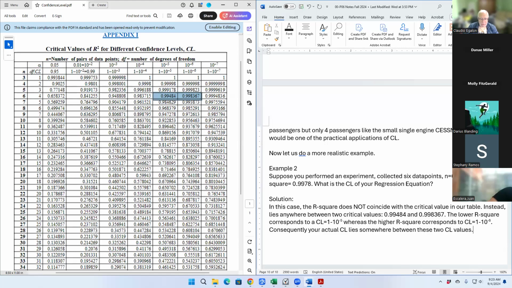I usually call that a lower bound and an upper bound.